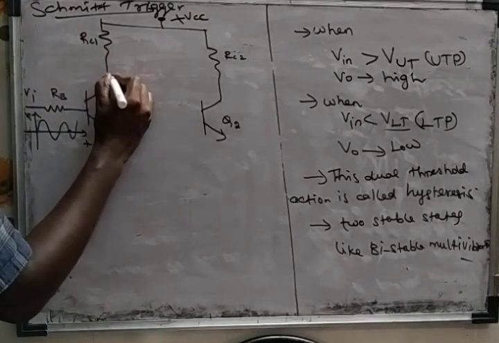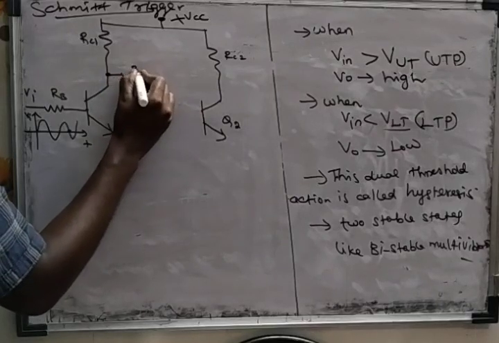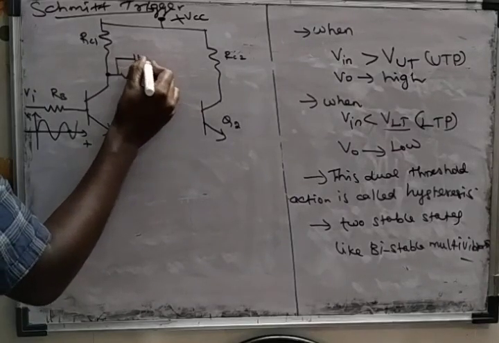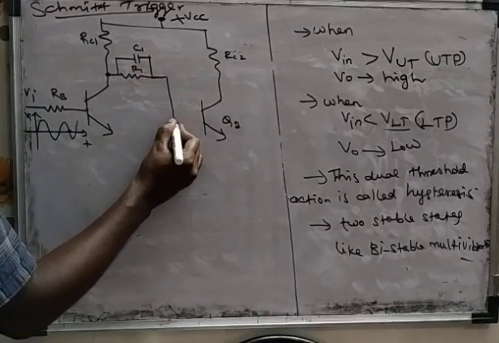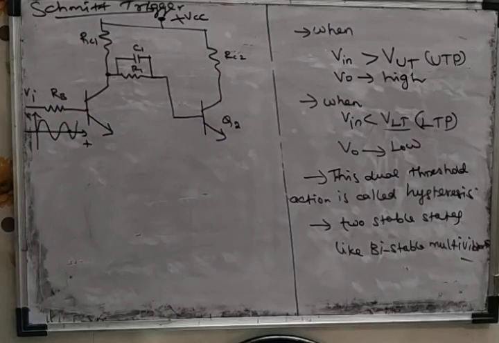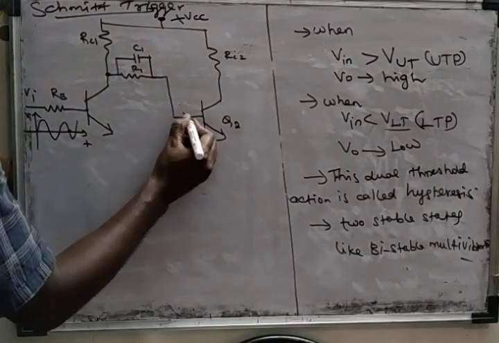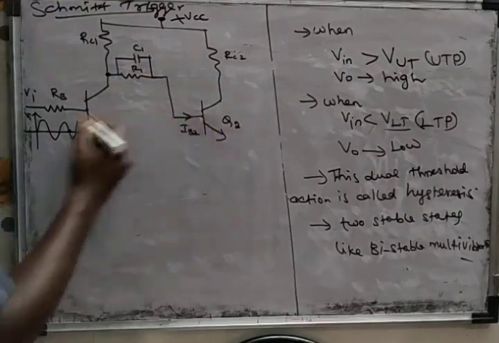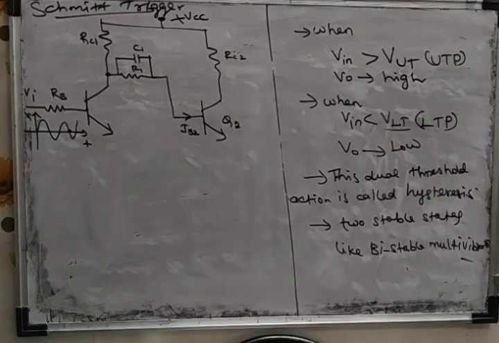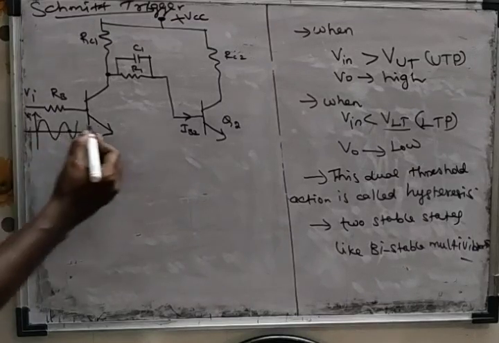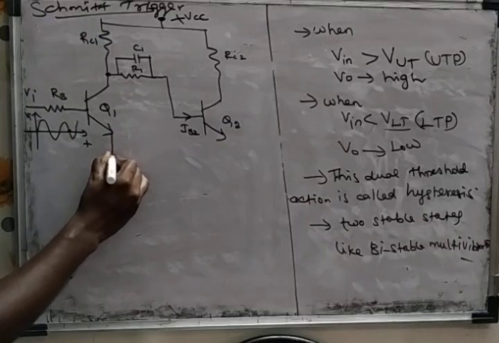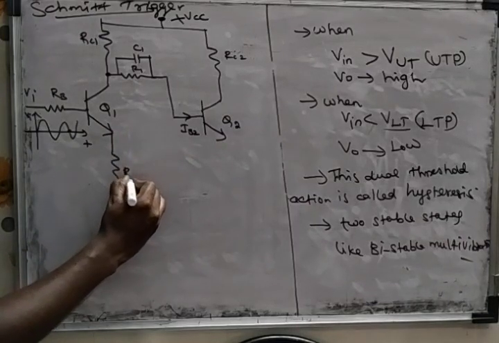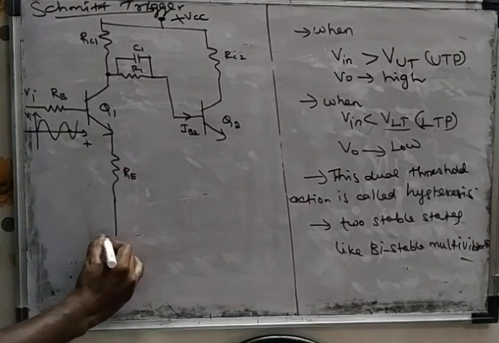From this point, I am taking R1 parallel C1 and giving it to the base of transistor Q2. Here we have the current flow IB2, and in the emitter of transistor Q1 we have the emitter resistance RE.